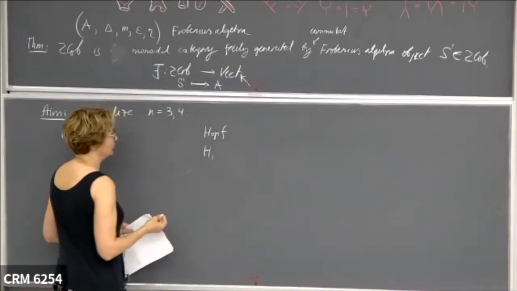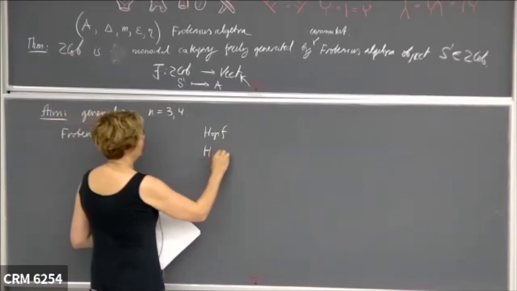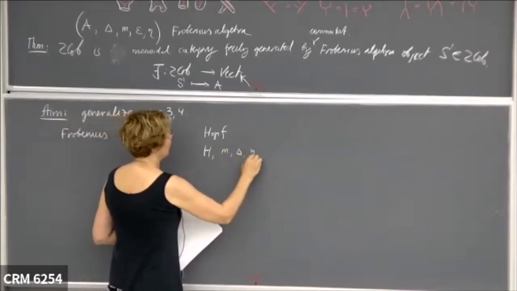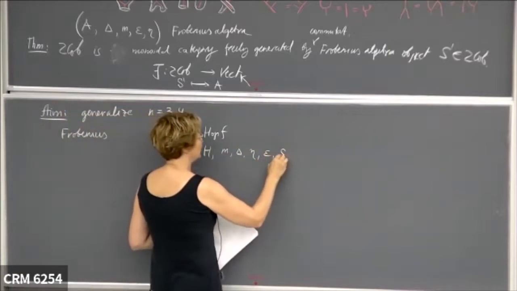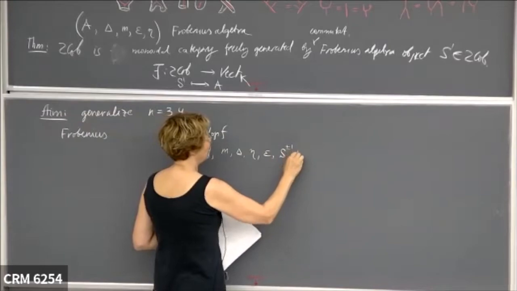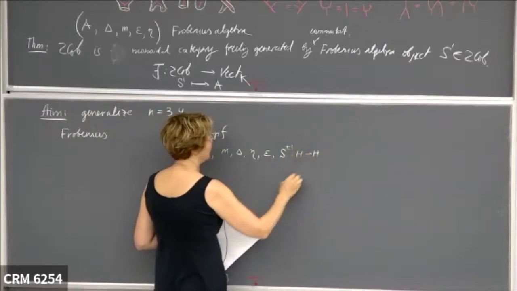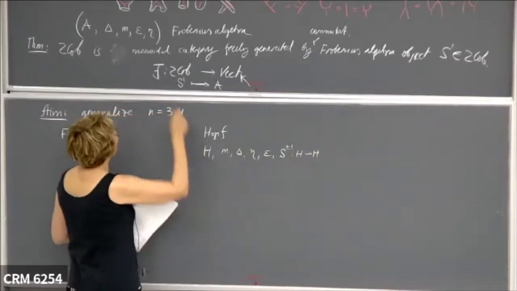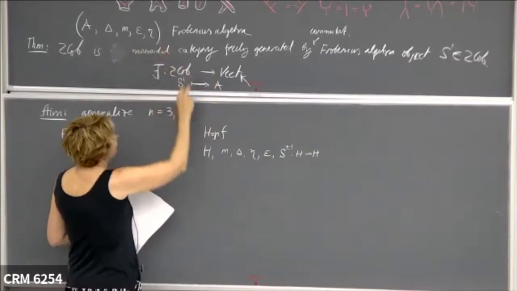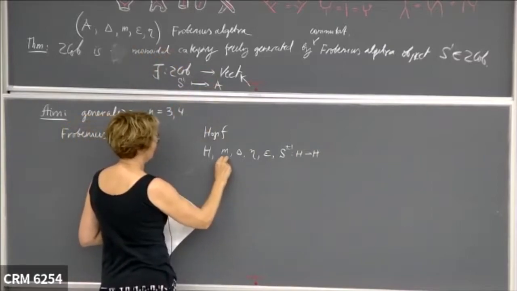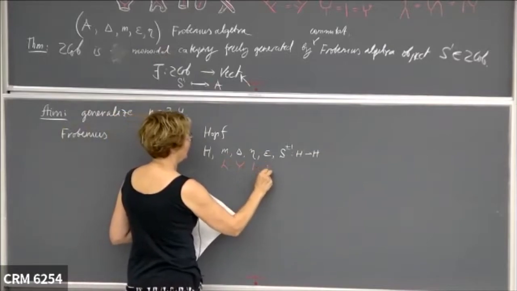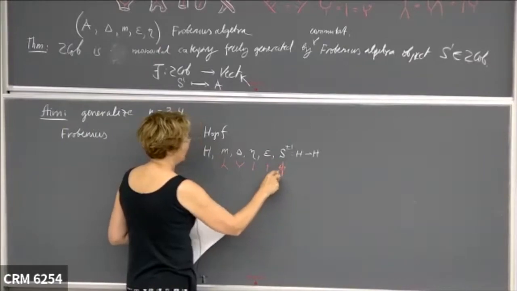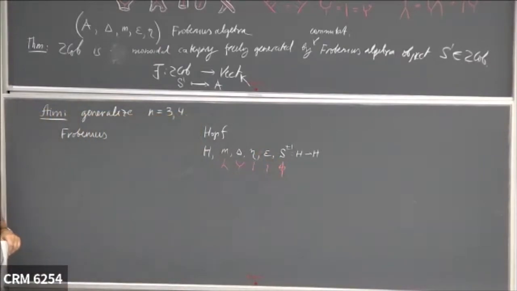This is just an algebra, together with a comultiplication, multiplication, unit, and counit, and also one additional invertible morphism S, which is called the antipode. And I will use the same graphical notation for multiplication, unit, comultiplication, counit, and this will be plus for the antipode and minus for the inverse of the antipode.